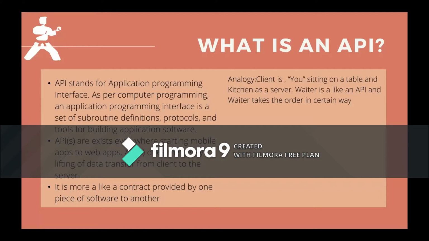We tell it, this is how my software looks, this is how my software should behave, and when I instruct something, I should get the data like this. That is what we have in the API. We'll give a lot of details, like what protocols it supports. When it comes to the HTTP world, we have a lot of methods, and how it works and what protocols it should allow, such as TCP/IP or HTTP, and things like that. So API exists everywhere.